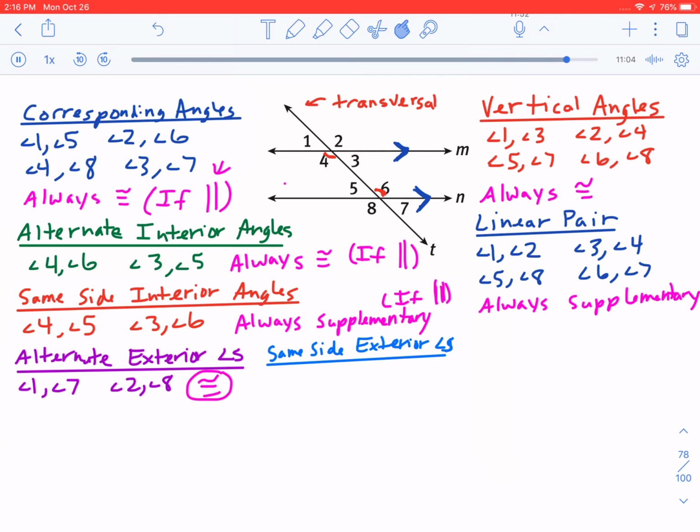One pair of these, once again, is on the same side of the transversal, but exterior, meaning they're outside the parallel lines. So angle 1 and angle 8 are same side exteriors, and angle 2 and angle 7. These are also going to be supplementary.